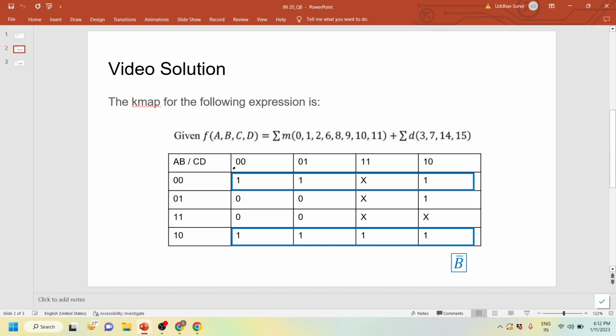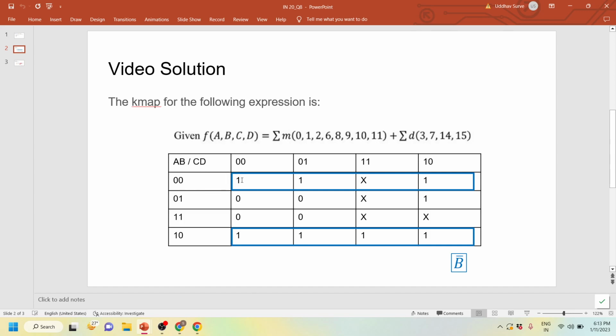So let us see which groups we can form to solve this question. We can only form groups in multiples of 2, like 1, 2, 4, 8. So here we can form a group of 8 ones. If we take this x as 1 and wrap around from the bottom, we get two blue boxes.